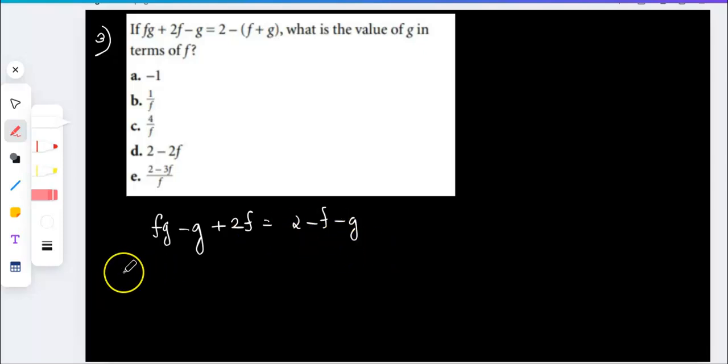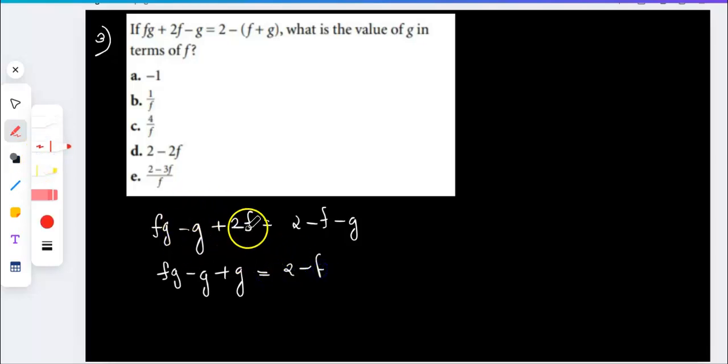Now I can move every term with g onto one side. I'm moving it to the left side. So fg minus g, and this negative g when it comes to the left side becomes positive g, is equal to 2 minus f, and along with that there is a plus 2f. Once it gets transposed to the right side, you will get negative 2f.